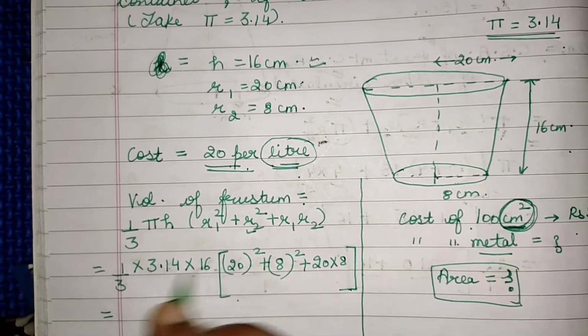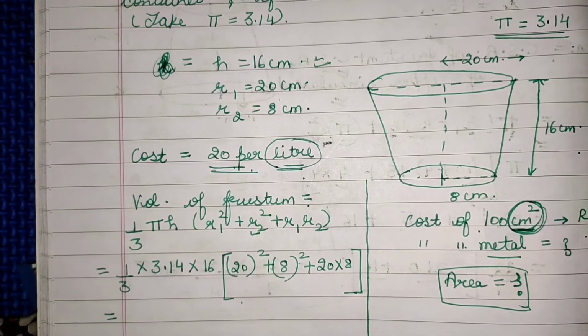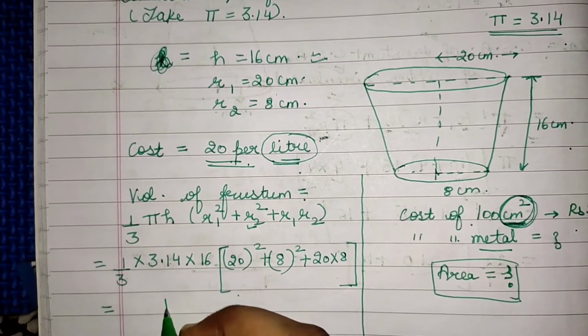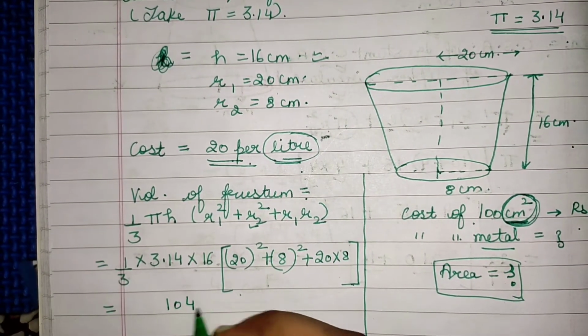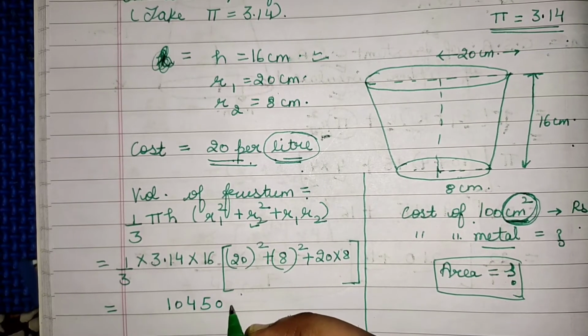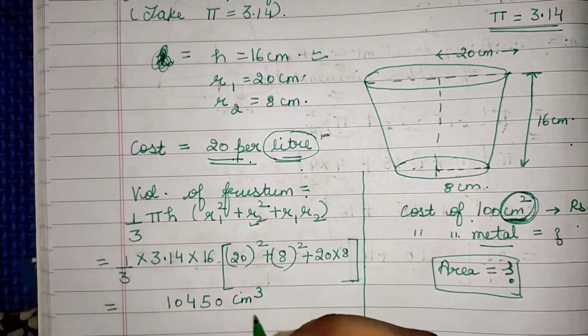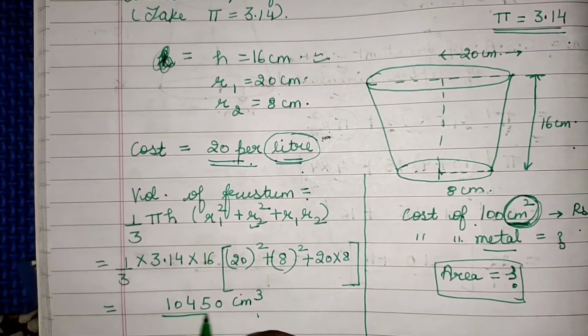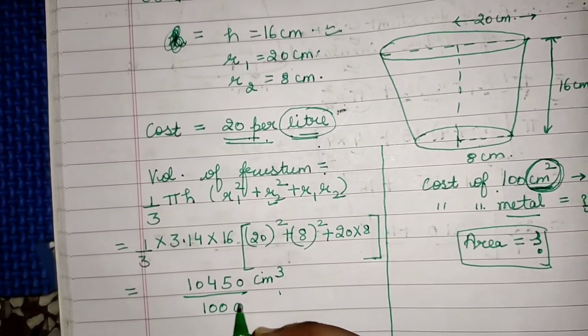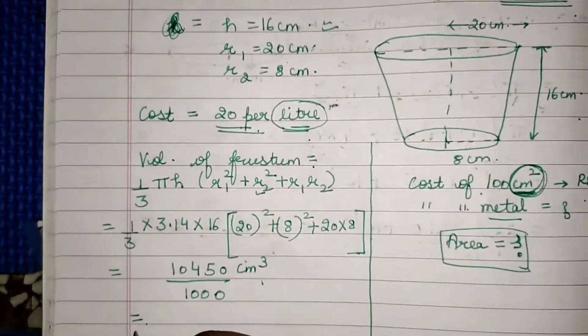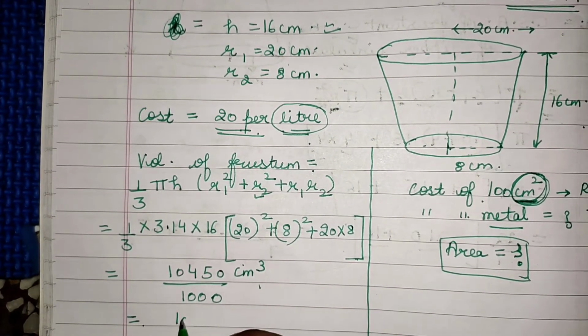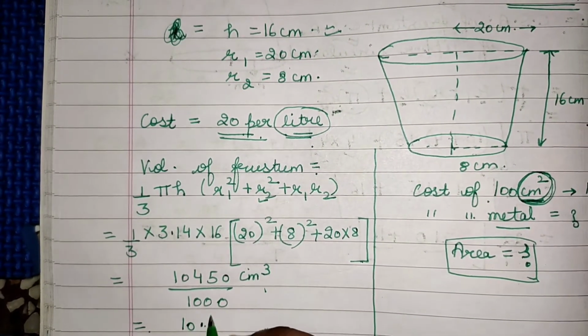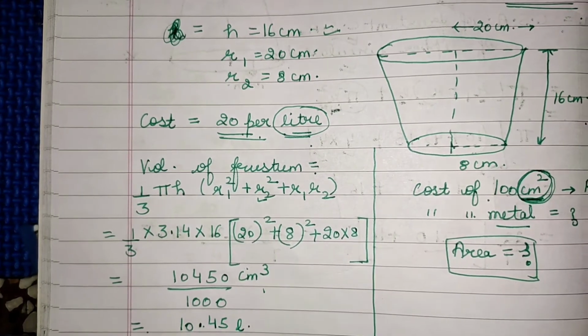Once you solve, you will get the final volume as 10450 centimeter cube. To convert this value to liters, I will simply divide by 1000, then I will get 10.45 liter.